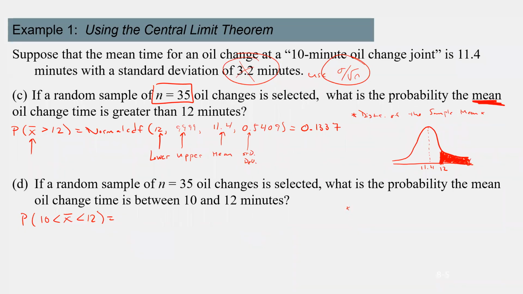Again, what we're going to do is sketch the distribution of the sample mean. Should be at 11.4 is the mean, and I want to be between 10 and 12. Okay, so I'm going to shade between them.